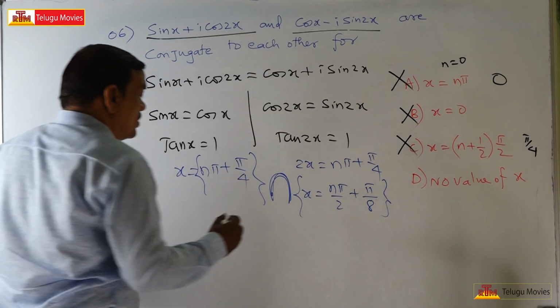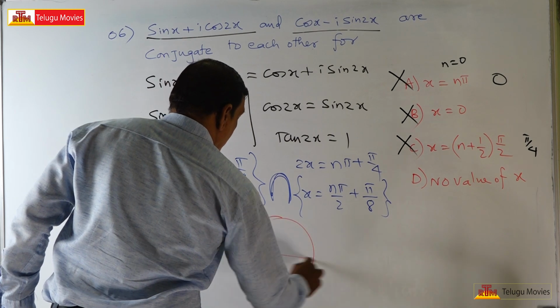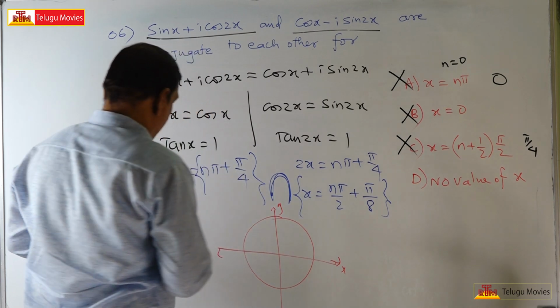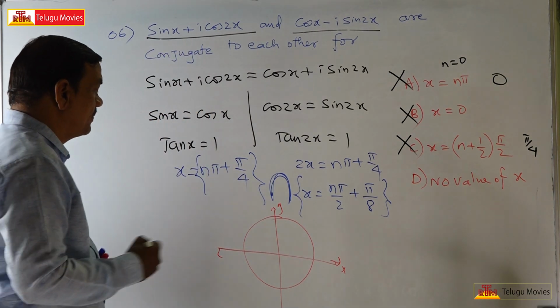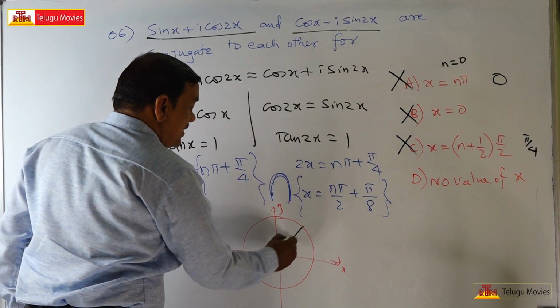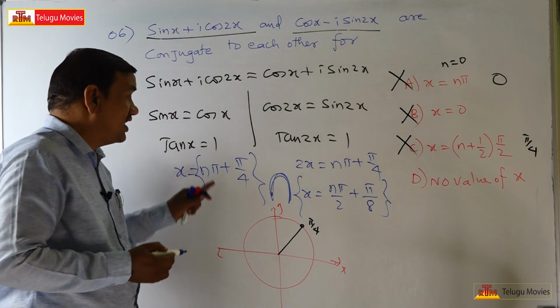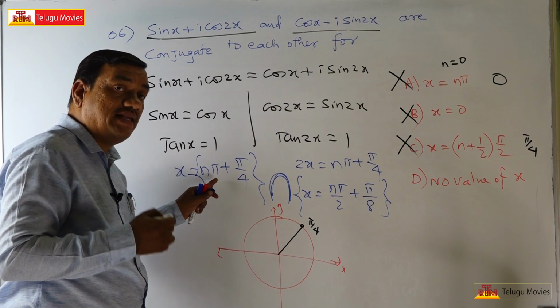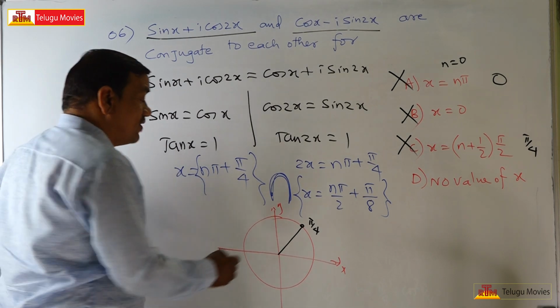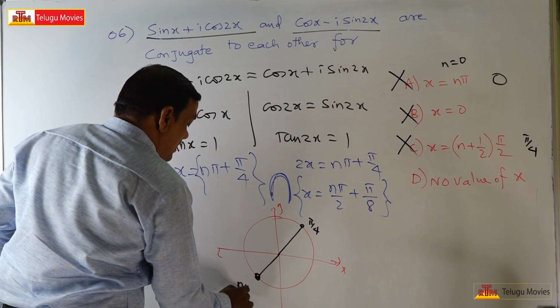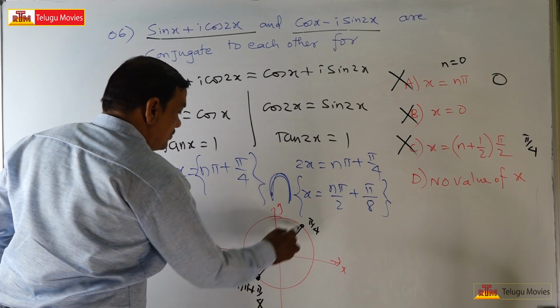How can we take it? Let us take a two-dimensional circle, with the x-axis and y-axis. If you observe, π/4 will be here. For nπ + π/4, that means π, 2π, 3π, 4π, it will come around again.